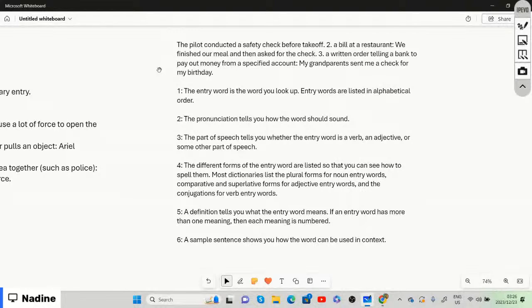And if an entry word has more than one meaning, then each meaning is numbered. We made an example earlier with force.